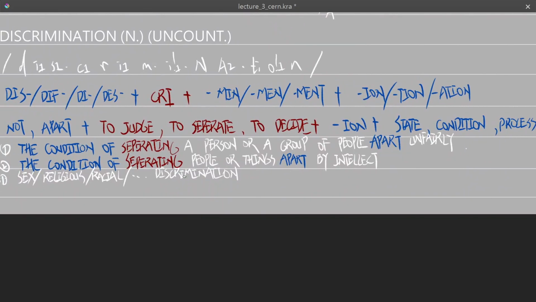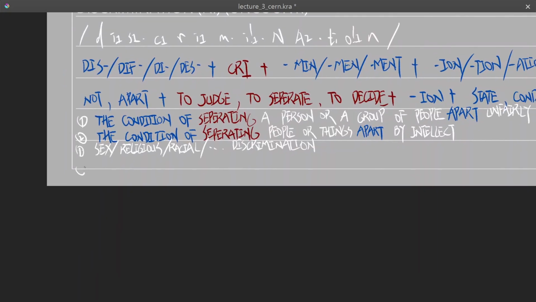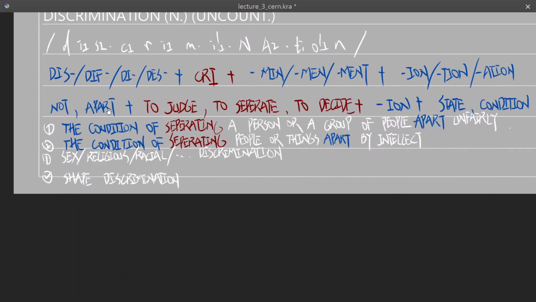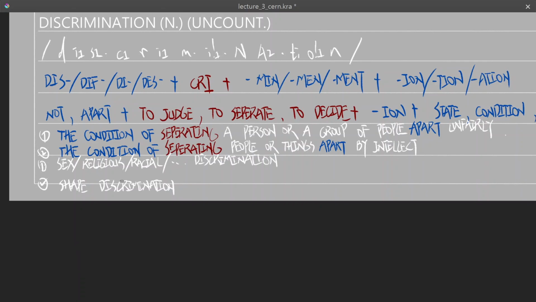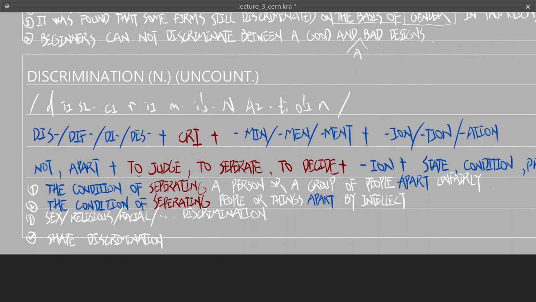That is differentiation. So we have shape discrimination. That is the ability to differentiate different shapes. Shape discrimination. That's good enough.